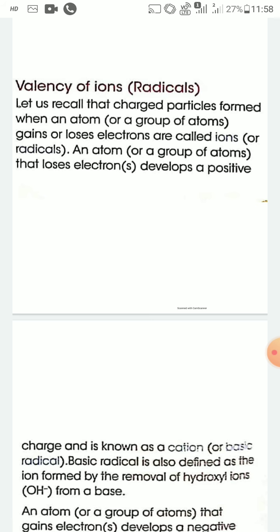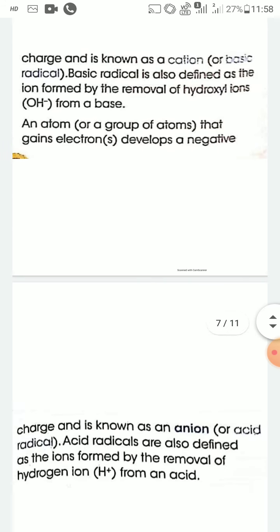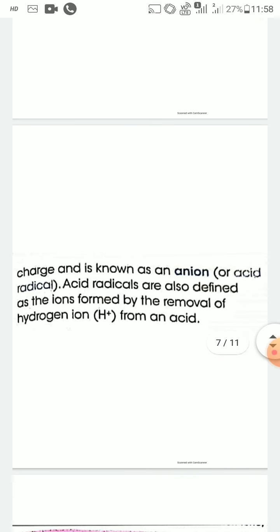Positively charged ions, that is cations, are formed by losing electrons, while negatively charged ions, that is anions, are formed by gaining electrons.